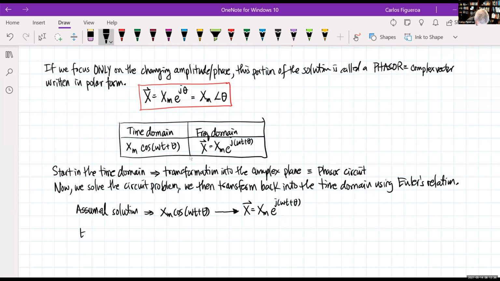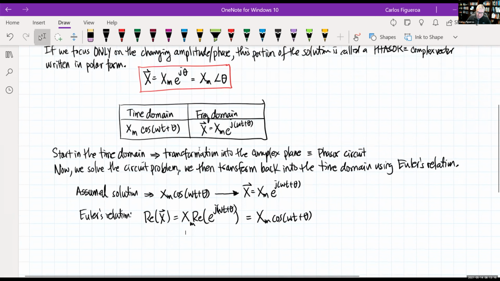When I use Euler's relationship, I take the real part of the complex vector, which means I'm taking the real part of e^{j(ωt+θ)}, which gives us X_m cosine of (ωt plus θ). So we can easily get back that solution without a problem. That's roughly the idea.